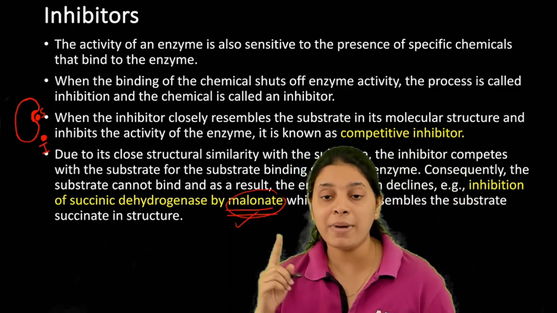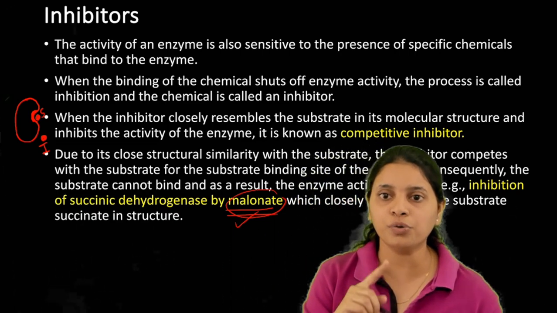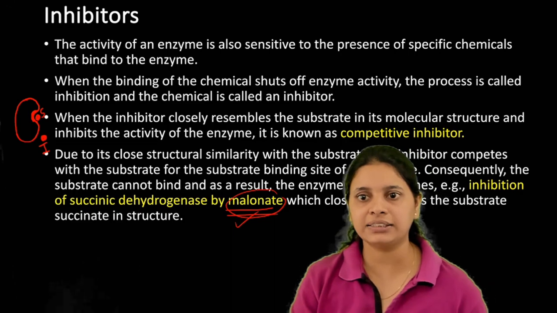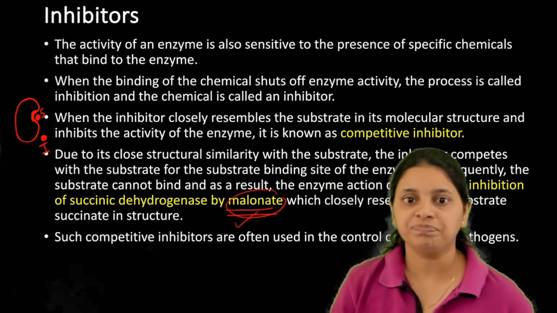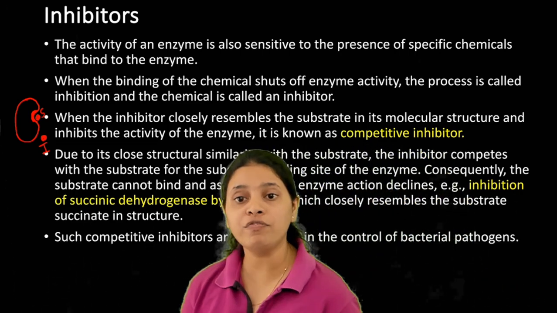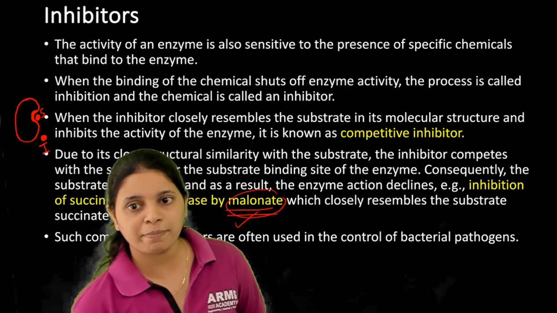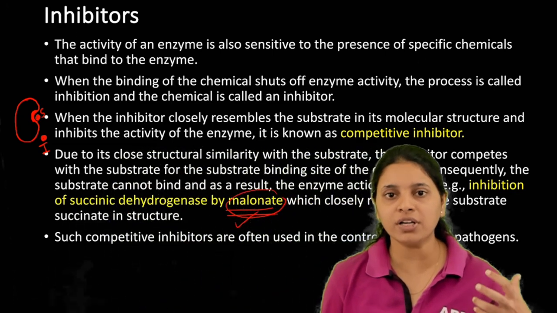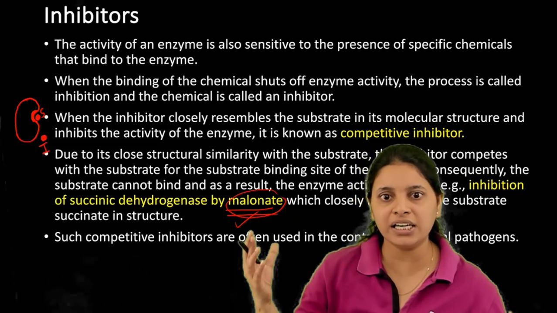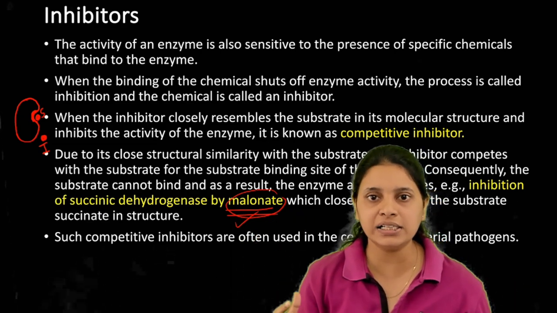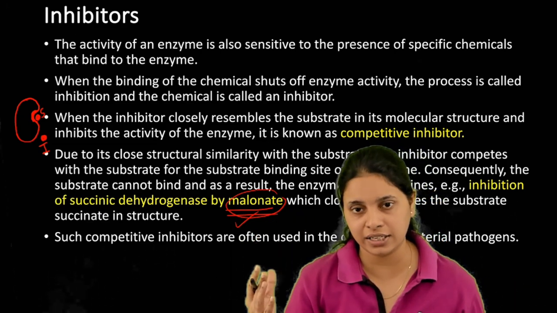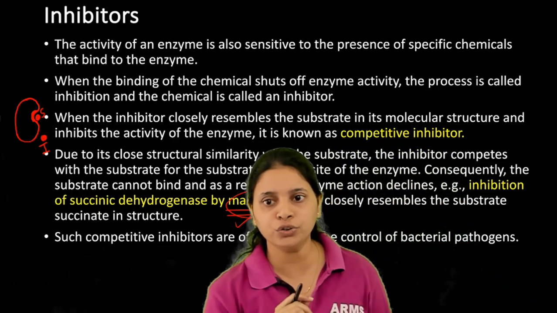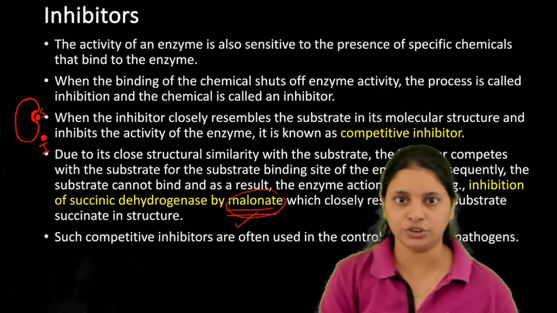But malonate is very similar to succinate in structure, and hence malonate binds to the enzyme and acts as a competitive inhibitor. Such competitive inhibitors are often used in the control of bacterial pathogens. Now imagine if we block a particular bacterial enzyme using an inhibitor, then you can easily kill the bacteria or inhibit its growth. This is how competitive inhibitors are used to control bacterial pathogens.